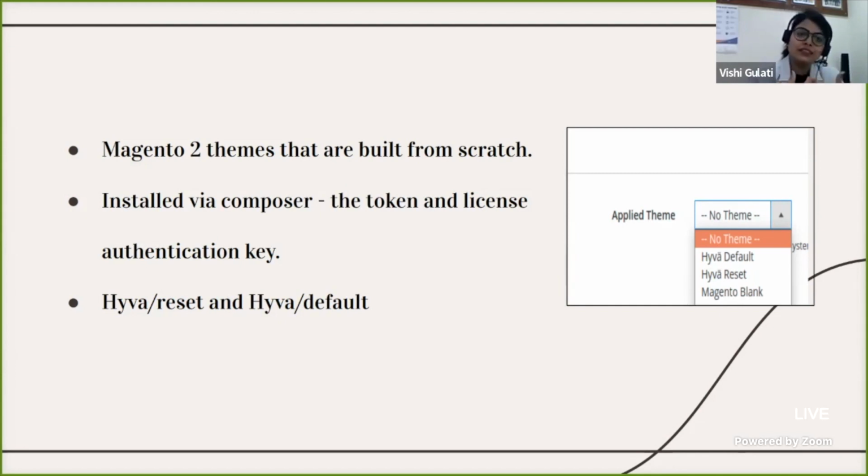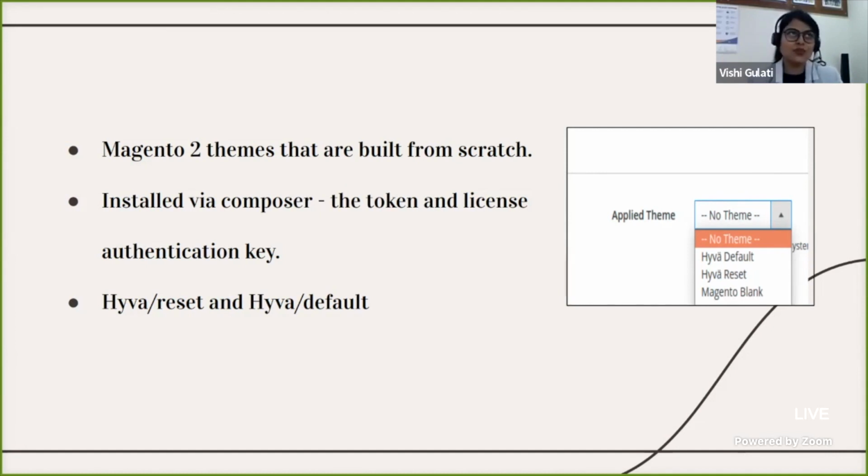Like other themes, you can install it via Composer. All you need is the token and the license authentication key to install it. Once you have installed it and get into the admin side, you will see two options: Hyvä Default and Hyvä Reset. You can compare it with Magento Blank and Magento Luma, but there's a slight difference.